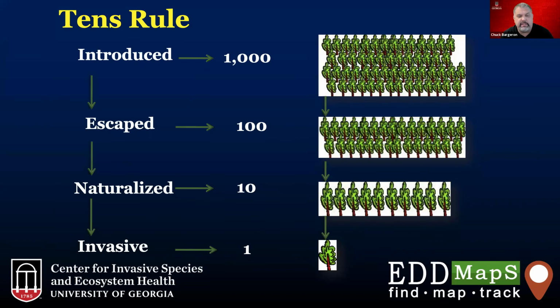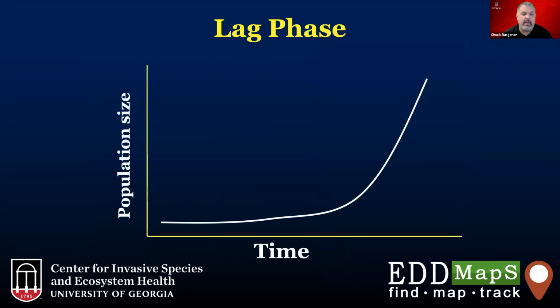Not to scare everybody off in terms of these species, but this is a general rule when they've looked at introductions: how many plants were introduced, how many actually escaped, how many escaped and became naturalized, and then how many really became an invasive problem.